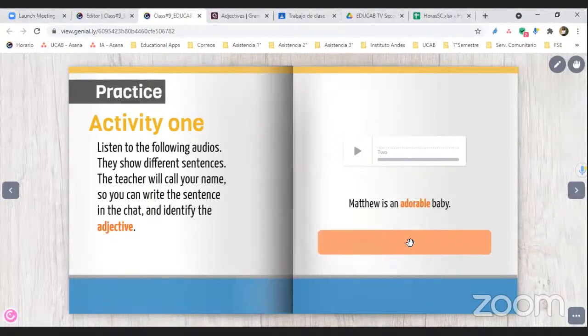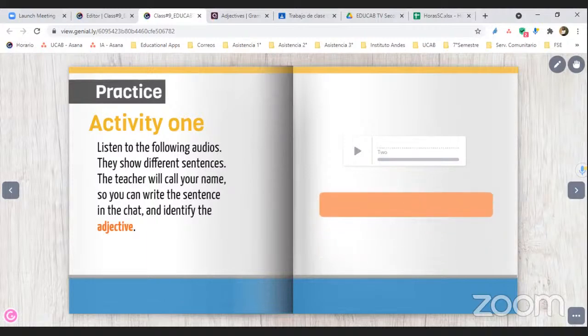No, it's okay, don't worry. You got most of it right, okay? Maybe you confused beautiful with the last one because we said beautiful before, okay? So maybe that's why you mixed it up, but Matthew is an adorable baby, good. And also your sentence made sense. So maybe you just got confused with the previous adjective.